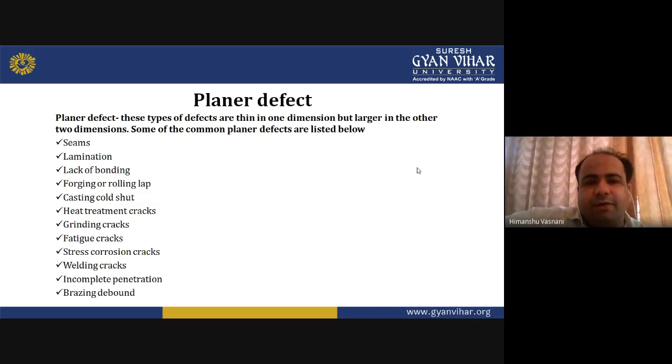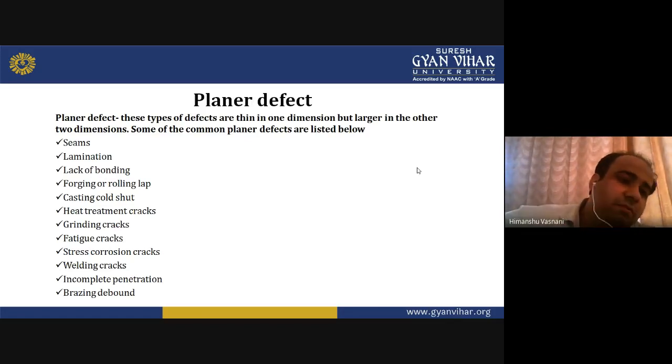Now the planar defects. These types of defects are thin in one dimension but larger in the other dimension. Some of them are seams, lamination, lack of bonding, forging or rolling lap, hot shut, heat cracks, heat treatment cracks, grinding cracks, fatigue cracks, stress proofing cracks, welding cracks, incomplete penetration, brazing rebound.